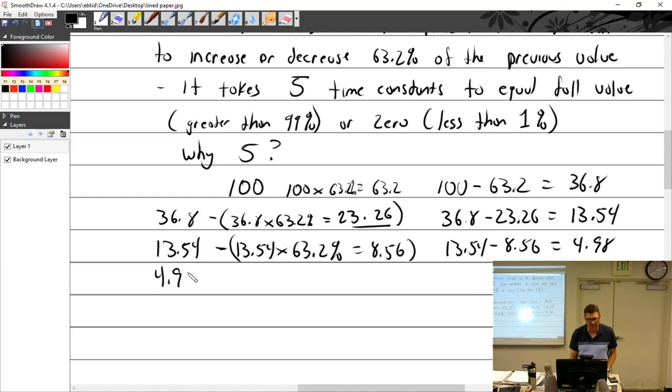Now we have 4.98 left, and we have to subtract 4.98 times 63.2%.